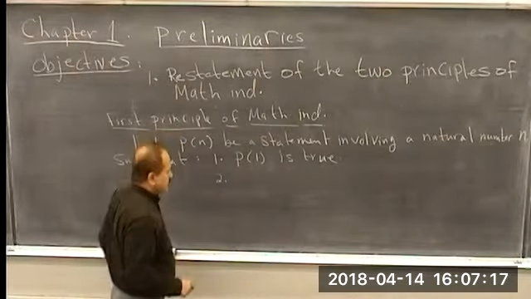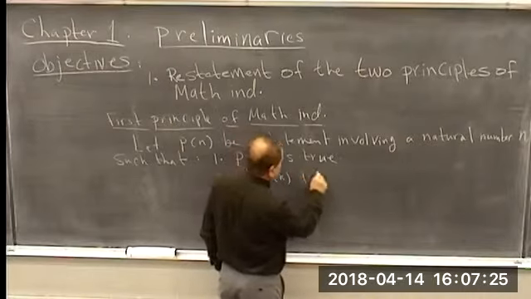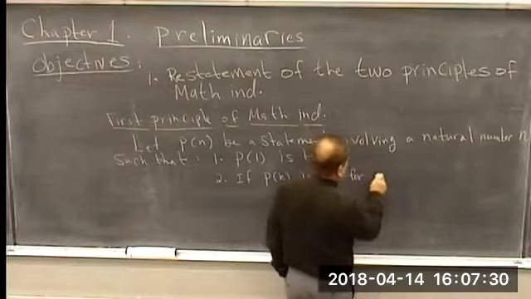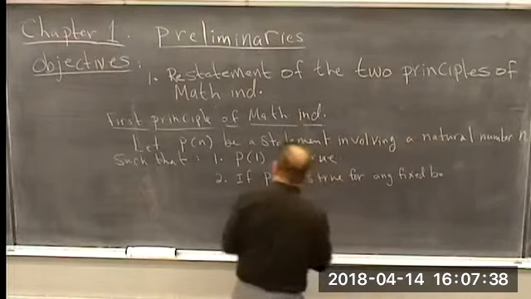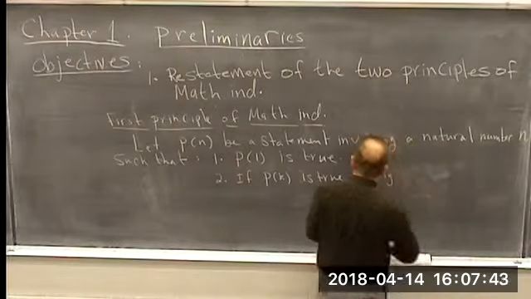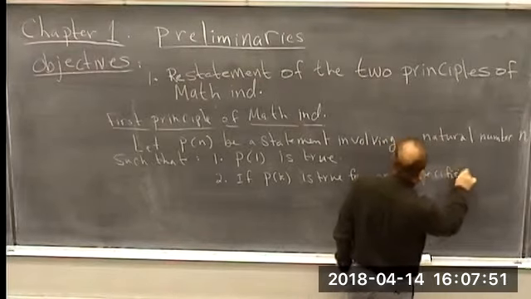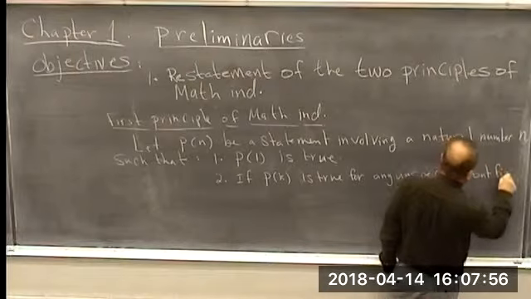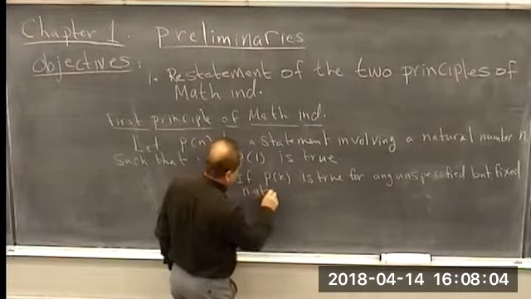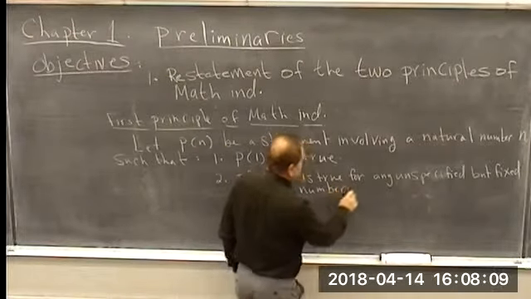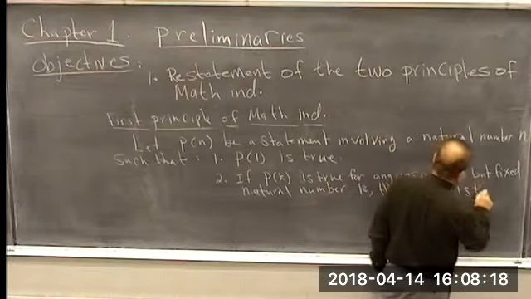Then the second one is if P of k holds, or is true, for any unspecified but fixed natural number k, then P of k plus 1 is true.